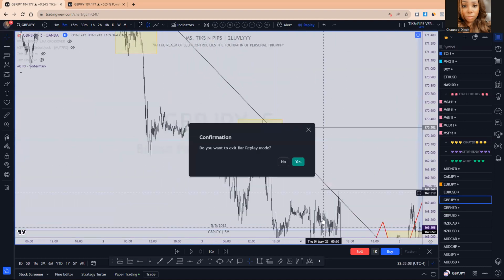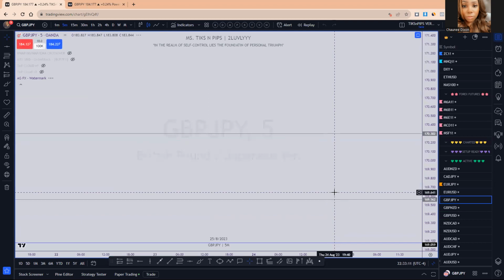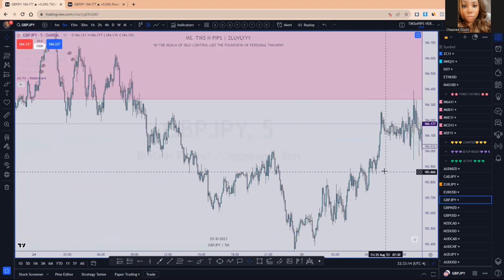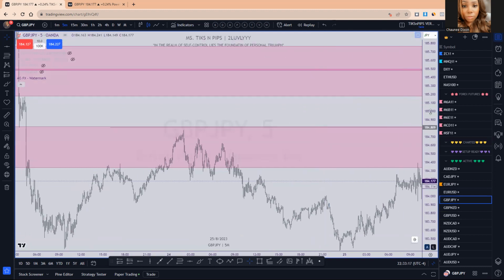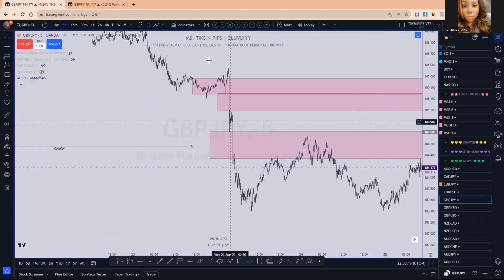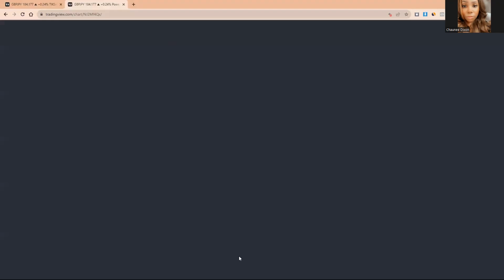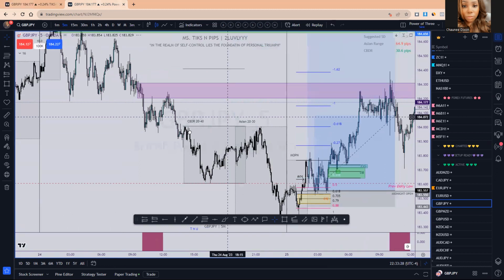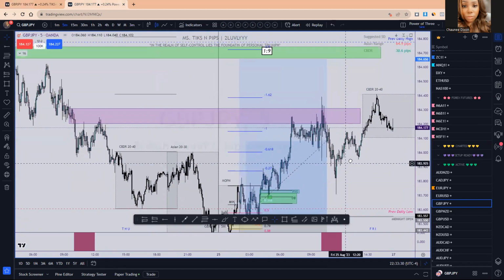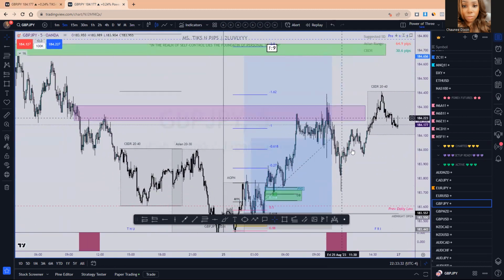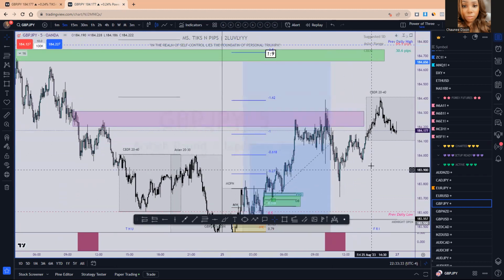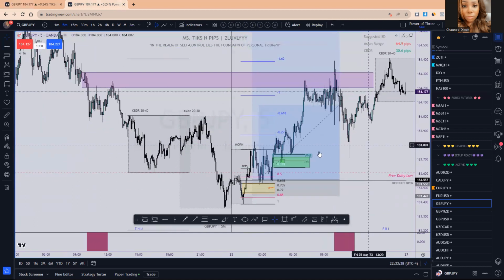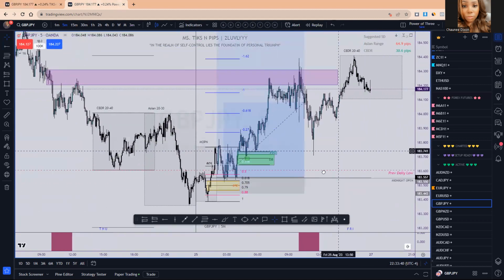Oh, it's over here. I had said this was the first area it might reverse at, which it kind of did, but then it moved past it a little bit more after the session. But it was a very good move.